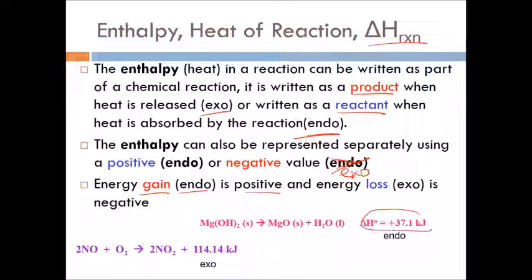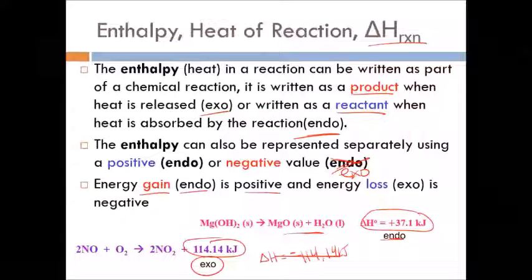That's what's shown here, that we have a positive delta H for this reaction, so we would label it endo. Energy loss, of course, if the heat is on the product side, this could also be written as a negative delta H, like so. And that would be exo, identifying the information.